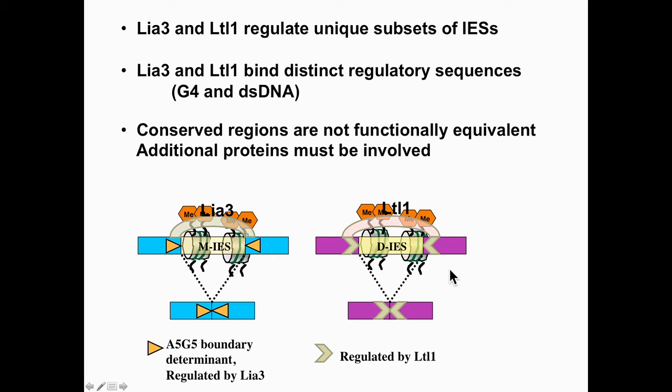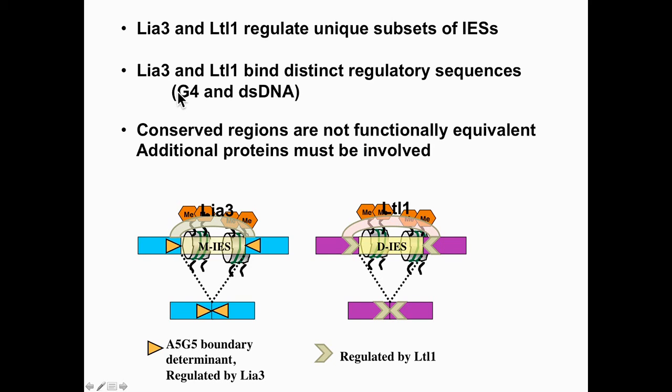So just to summarize, we've identified these two proteins, Lia3 and its homolog LTL1, that regulate unique subsets of the eliminated sequences. They bind different sequences. We know Lia3 specifically binds G4 sequence, G4 DNA.